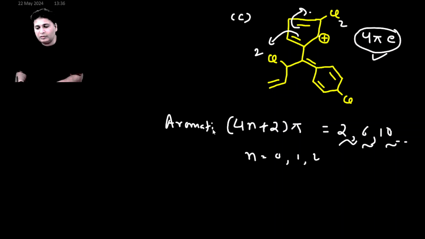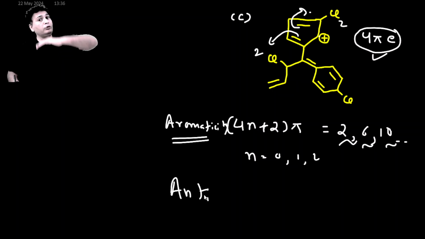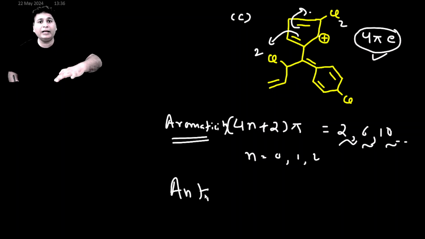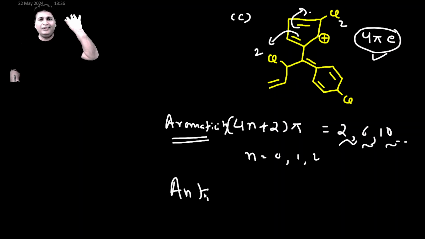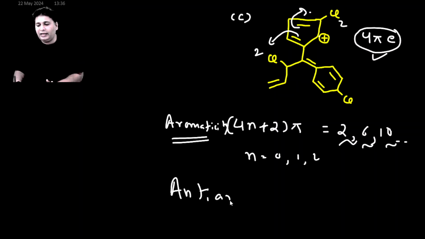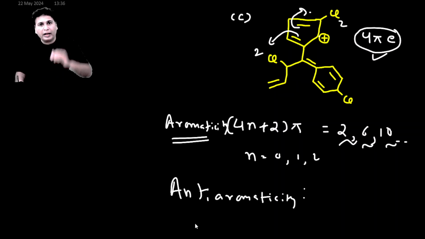Students, the conditions match for aromaticity and for anti-aromaticity. Aromatic compounds are very stable, anti-aromatic ones are very unstable. For anti-aromaticity you have a very similar situation except one thing.